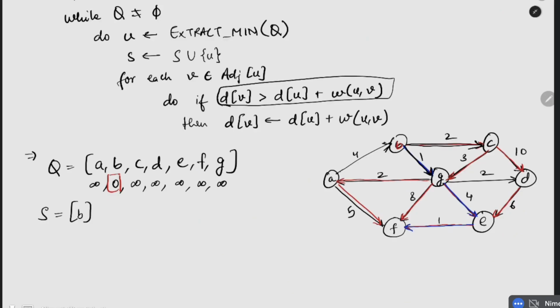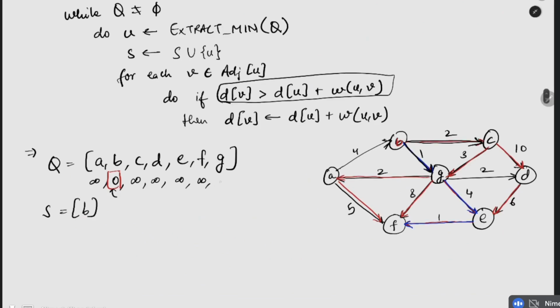So we will notice that it's true for both G and C, right? Because the current costs or the distances for G and C are infinite, and infinite is of course greater than the current distance of the node U, that is 0, and the weight, right?